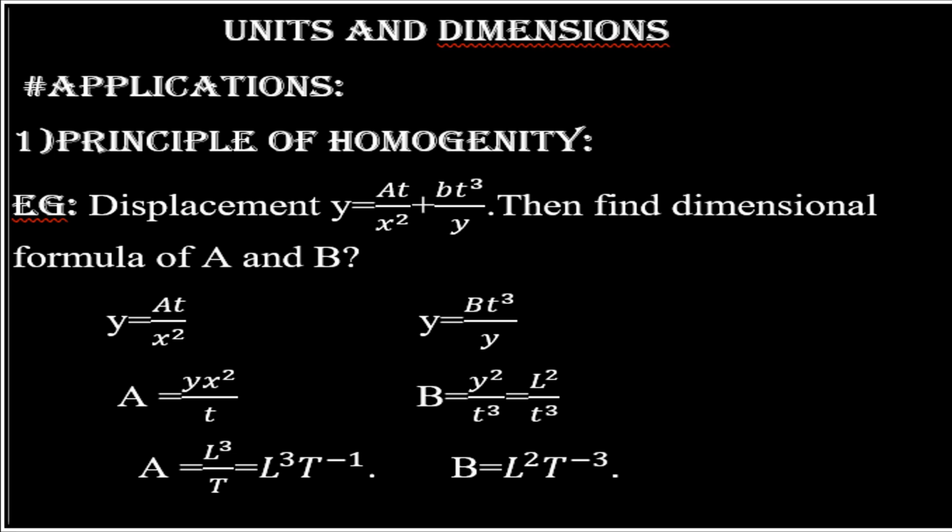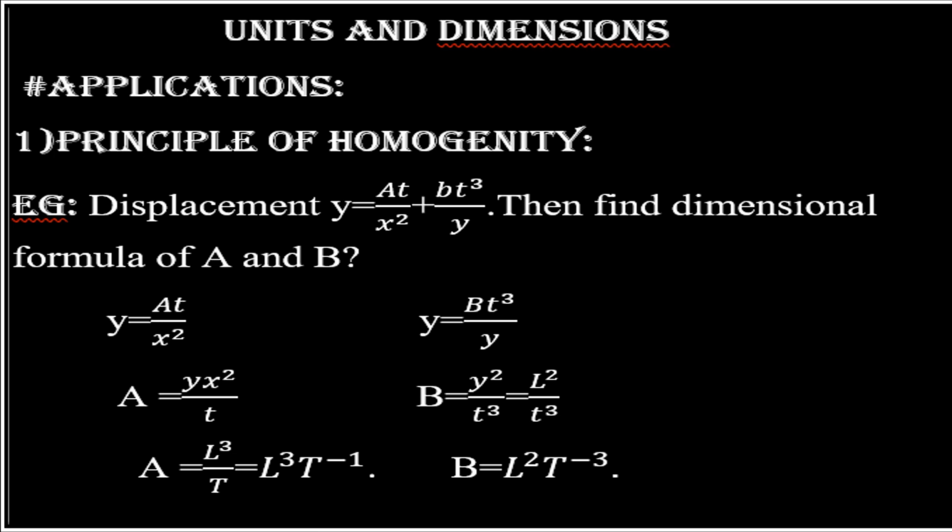Before moving to applications, I should tell you a shortcut. We use dimensional formula in the final exam: if you are finding trouble solving a question and the time is less, you can use this dimensional formula concept for finding the correct option.